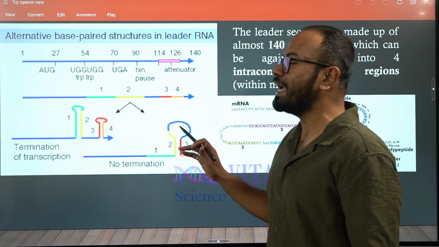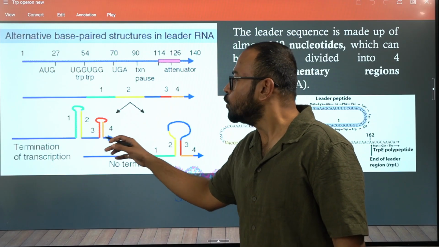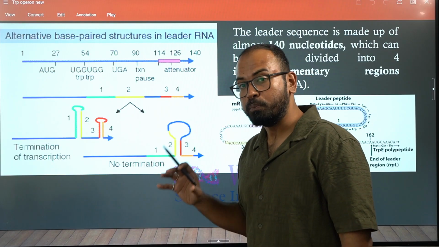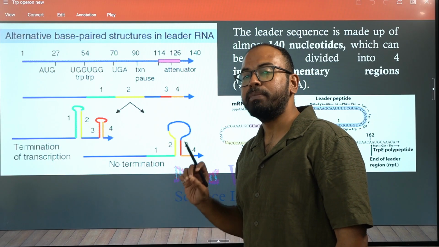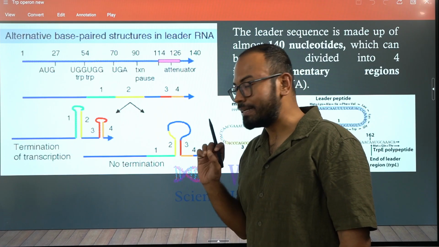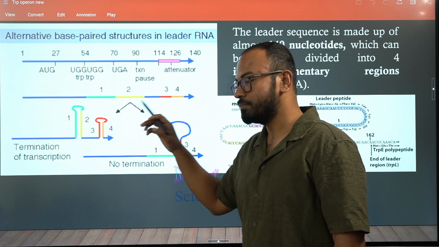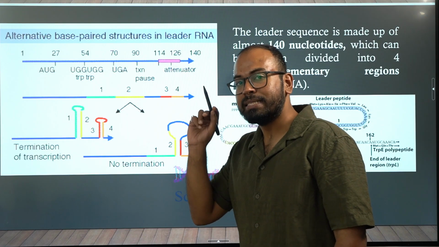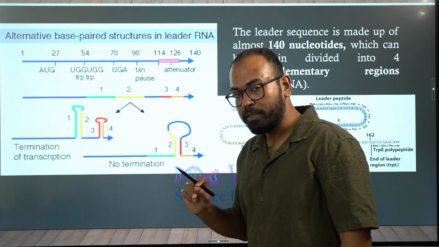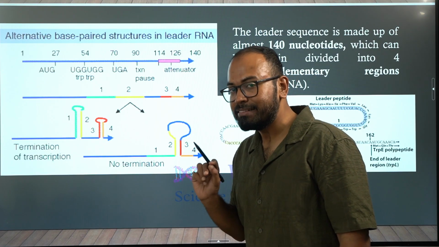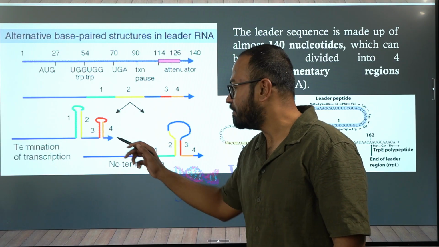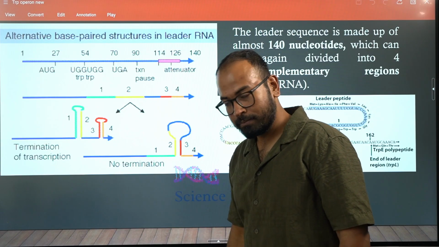This is kind of an attenuation, and the attenuator loop within the Trp operon leader sequence is mainly formed between region 3 and 4. Again, note it down: the attenuator loop formed within the Trp operon leader sequence takes place between region 3 and 4.